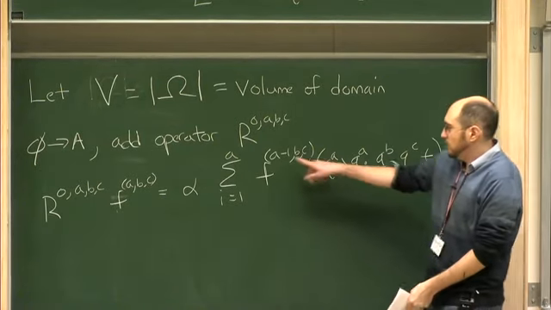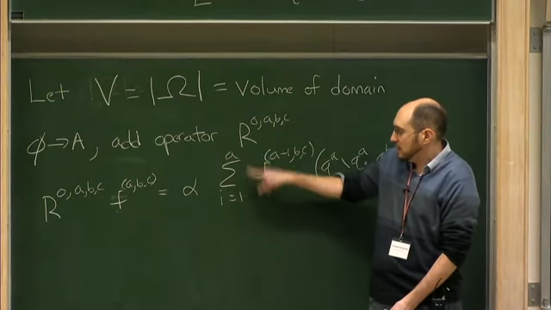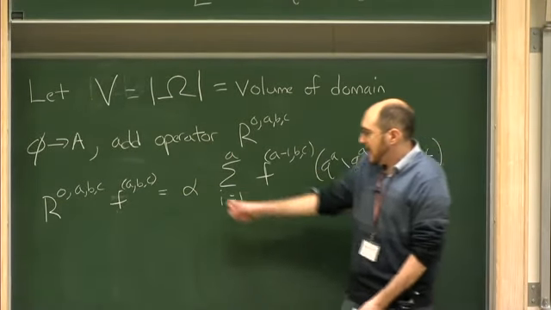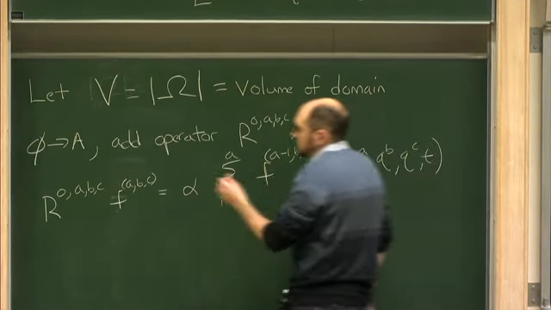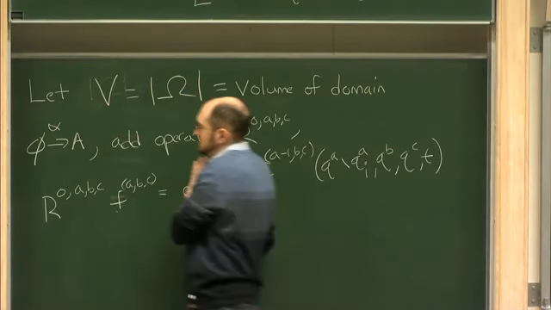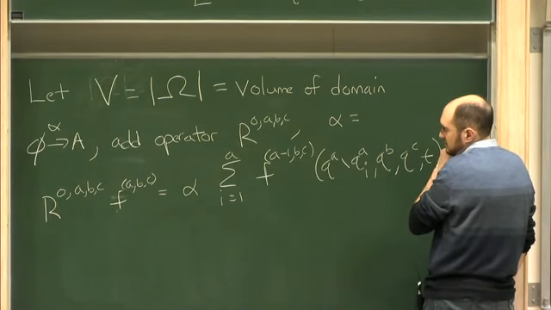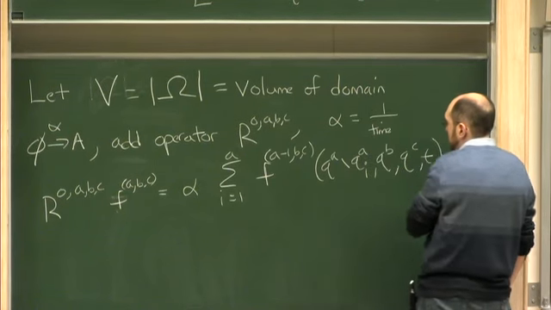I'm in a state where there's 1 less A. I throw away the ith one. So I have to sum over all of them because I throw away each possible one. Each one of those brings me in. And alpha gives me the rate I come in. And I guess I should have said I'm going to assume that the rate alpha is the rate of the reaction. And the units I'm going to assume is, let's see, what is it? 1 over time times volume, right?